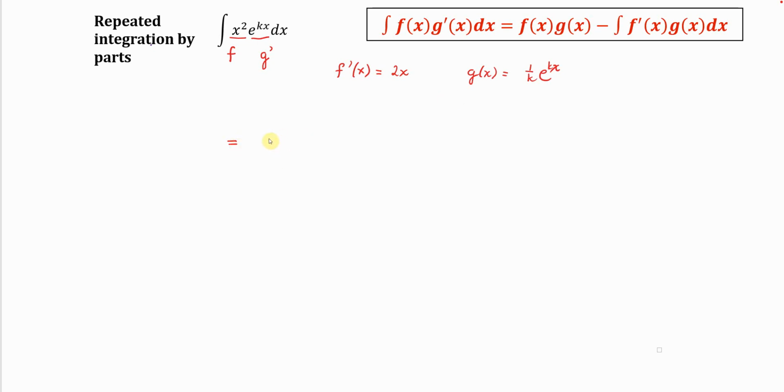So f is x squared times g, which is 1 over k, so I'll just put that over k, e to the kx, minus the indefinite integral of f prime, which in this case is 2x, and then times g again, 1 over k e to the kx dx.